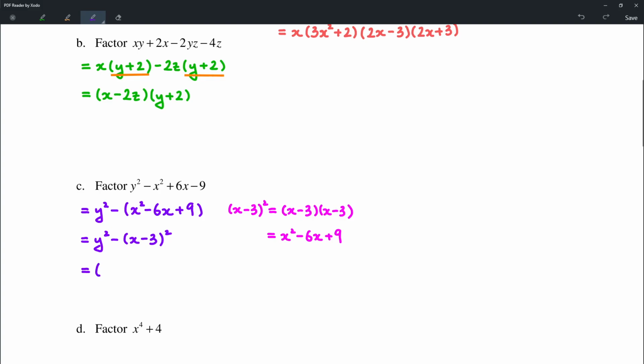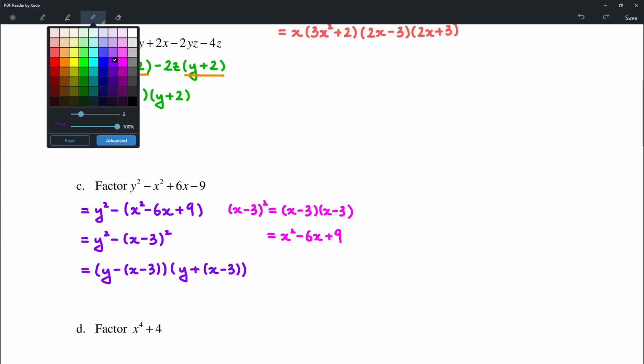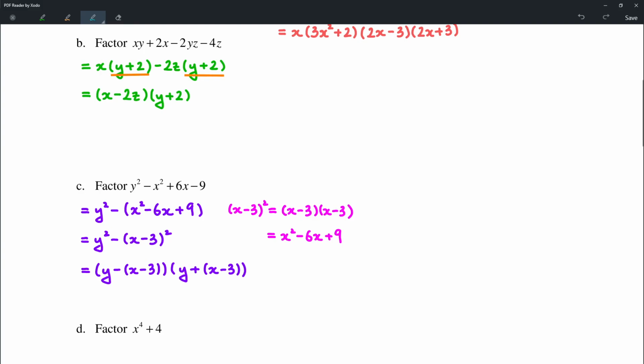So we can rewrite this as y minus x minus 3, and then y plus x minus 3. So we can almost treat the term x minus 3 as its own variable, and then factor that way.